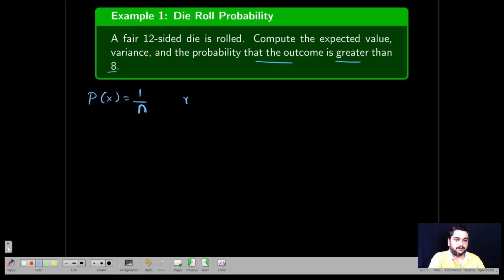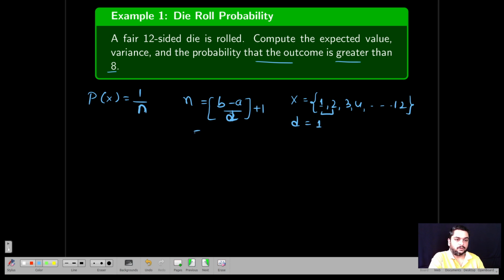Now to find the n value, n is equal to (b minus a) divided by d, plus 1. Now what is the sample space here? A 12-sided die means it can get 1, 2, 3, 4 up to 12. So first check whether they are evenly spaced. Yes, they are evenly spaced. What is the difference? d equal to 1.